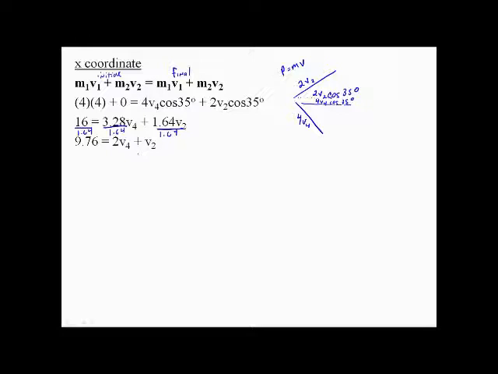But we're not out of the woods yet because we have 2 variables. So we have to figure out the y-coordinate. What's nice in the y direction is it was 0 initially because nothing was moving vertically. It was only moving horizontally.